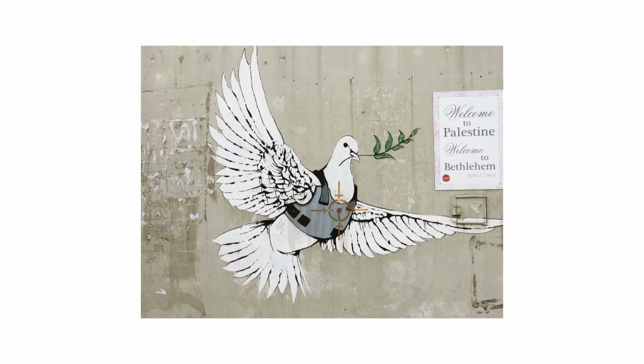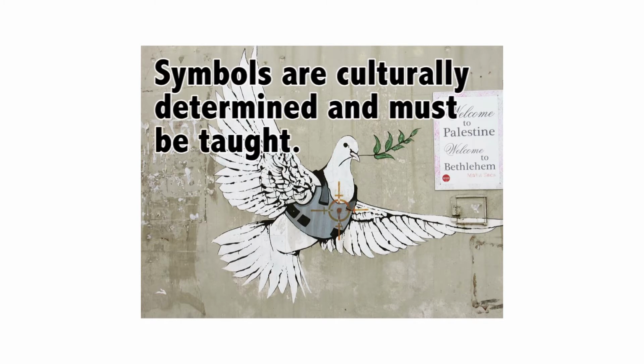And so when a bird that represents peace has to wear a flak jacket while crosshairs are on it, it becomes a symbol that the artist uses to talk about his message. But these symbols have to be taught. This is not innate, and it's like a broken down shorthand to represent something else.